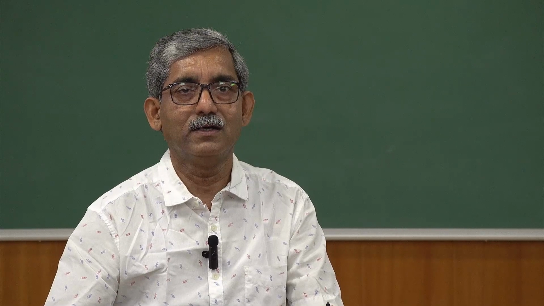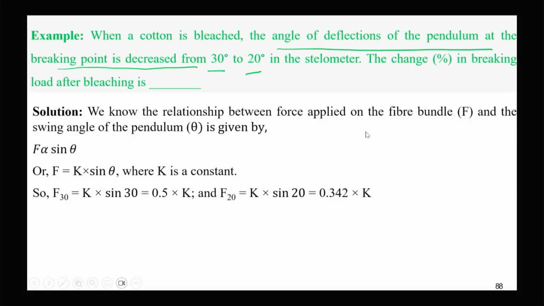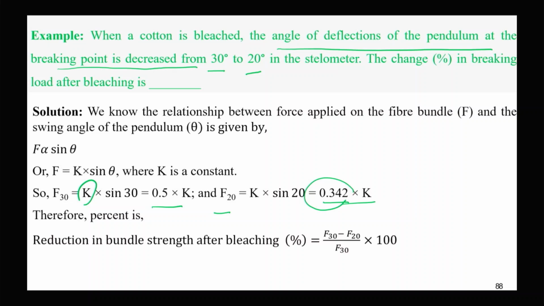So we will just get the ratio of sin 30 and sin 20. Sin 30 is 0.5 multiplied by some constant, and at 20° it will be 0.342 multiplied by k, and we take the ratio for the percentage change.